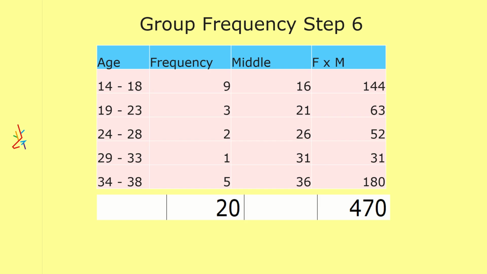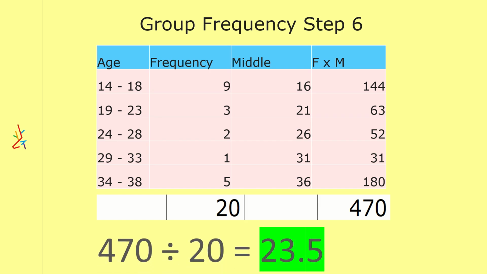You take the largest number, which in this case is 470, and you divide it by the smaller number, which is 20. So basically, the total of the F times M column, which is 470, divided by 20. And that gives you your answer, which in this case is 23.5.